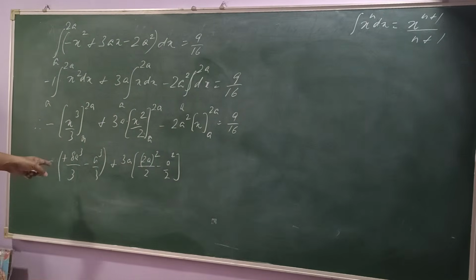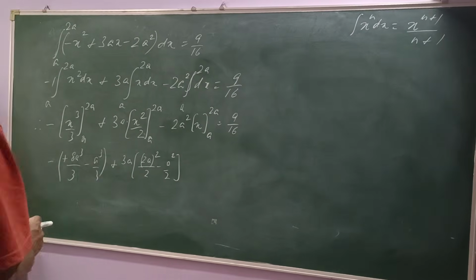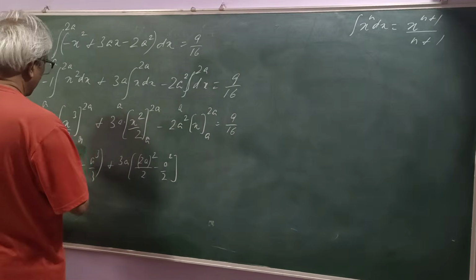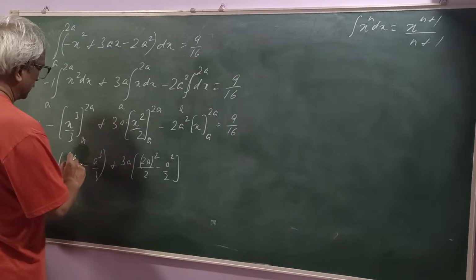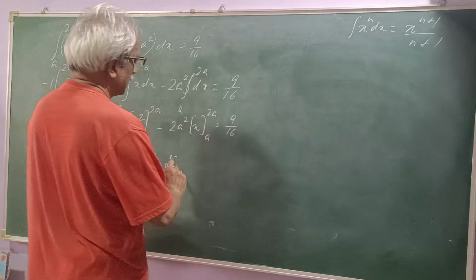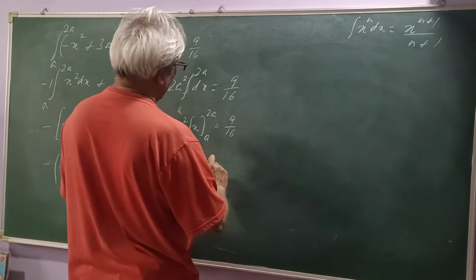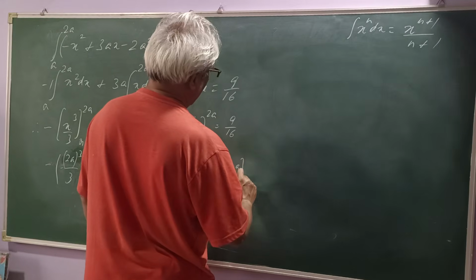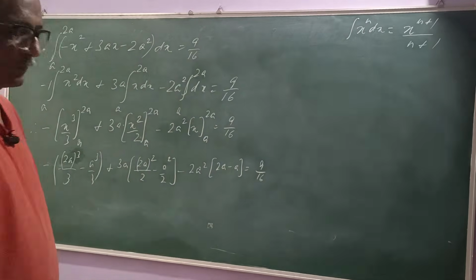I put the upper limit, 2a cube, minus 2a square. Now I'll put x equal to 2a and then x equal to a. This is equal to 9 over 16.